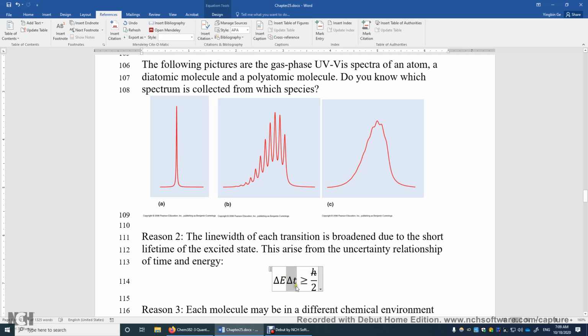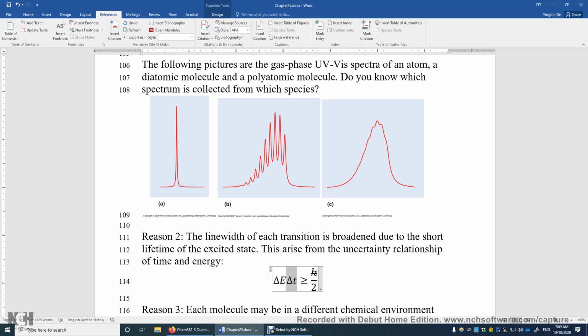So if delta t is 10 to the power of negative 13 second, and h bar is roughly 10 to the power of negative 34, that means your delta E will be as large as 10 to the power of negative 21 joule.